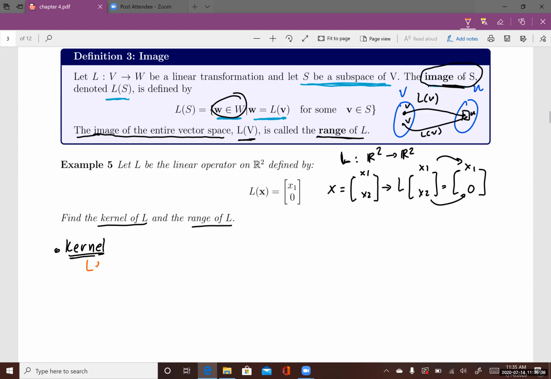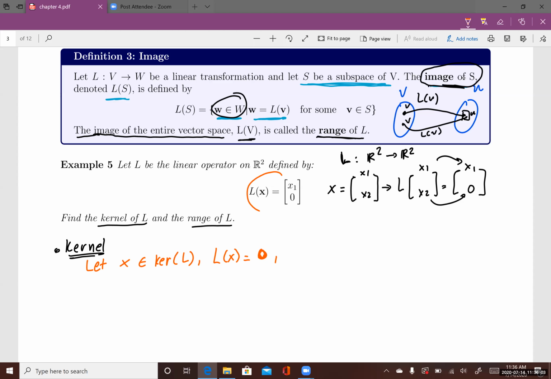So let x be a vector in the kernel of L. Then by the definition of the kernel, L(x) equals the zero vector.